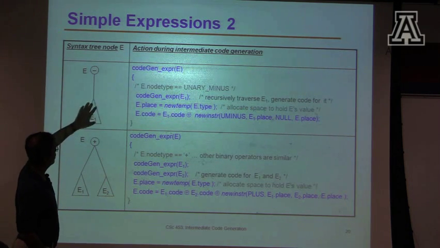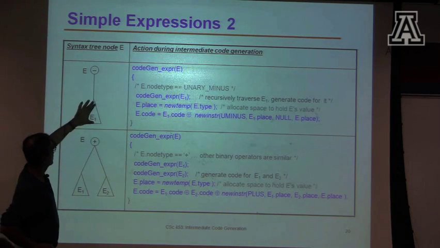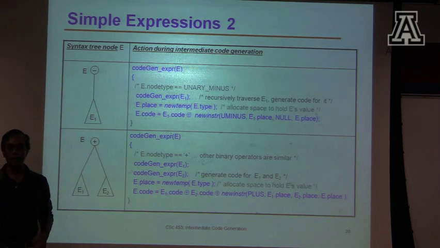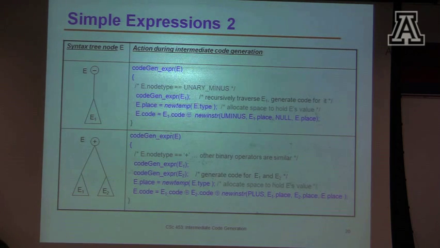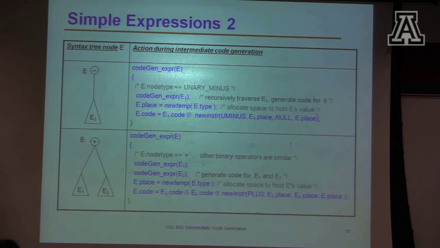So when that returns, what do I have? I've associated with E1 a place node, which is possibly a temp, possibly a variable, but it's a symbol table entry where the value of E1 will live at runtime when E1 is evaluated. Let's say it's a temp.